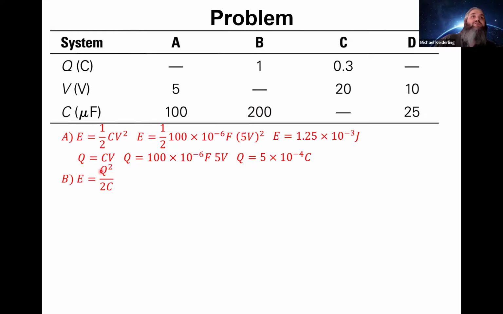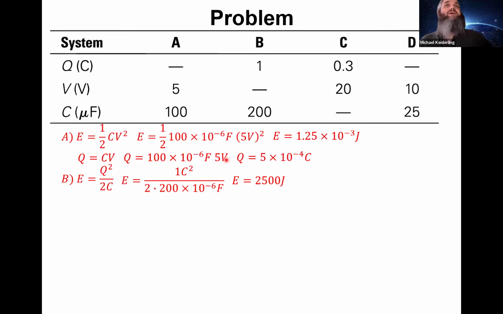Well, here energy is charge squared over 2 times capacitance. So energy is 1 coulomb squared over 2 times 200 times 10 to the minus 6 farads, which is 2,500 joules. 1 coulomb is a lot of charge.